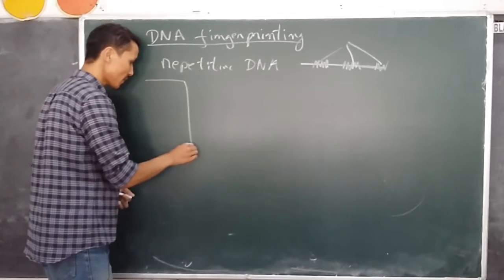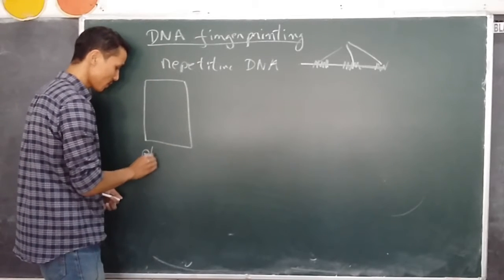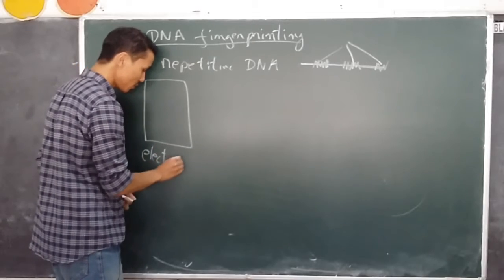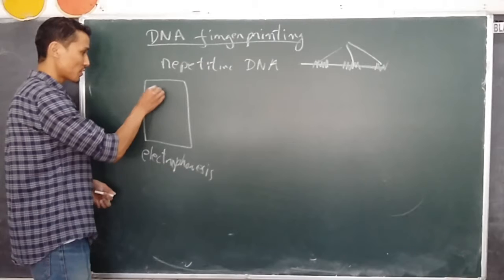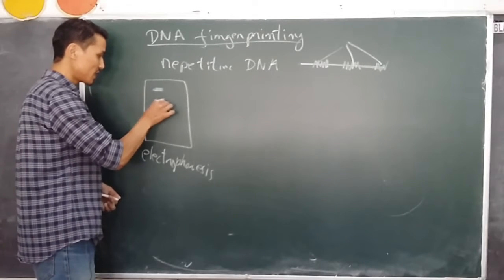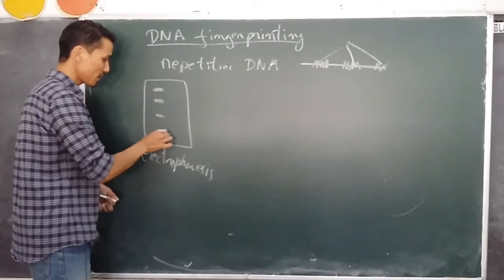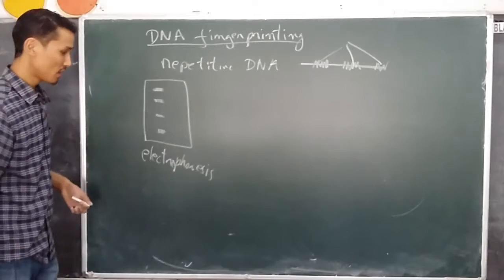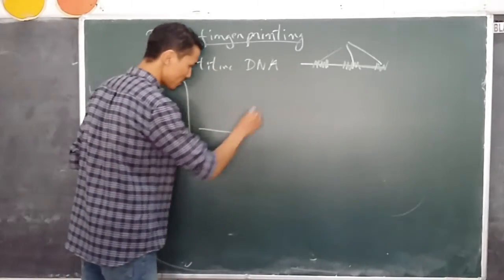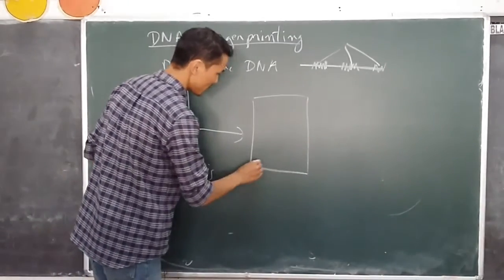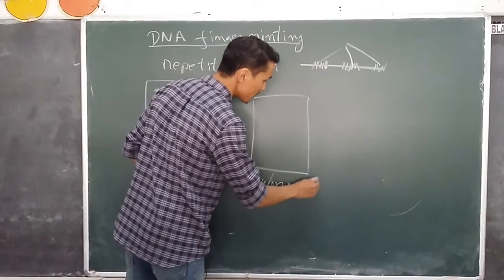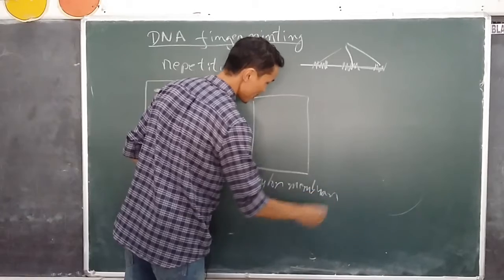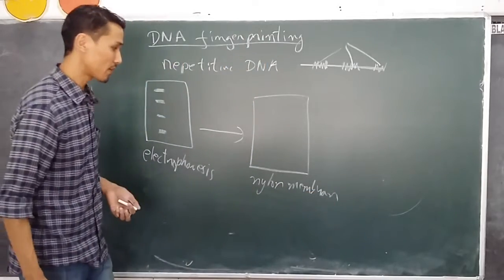This DNA is made to undergo electrophoresis. Because of electrophoresis, this repetitive DNA creates different patterns. This is now transferred to a nylon membrane using Southern blotting.